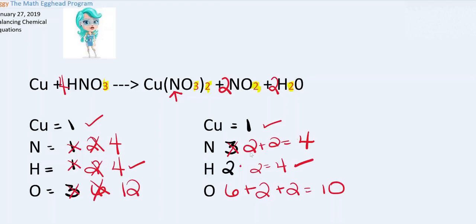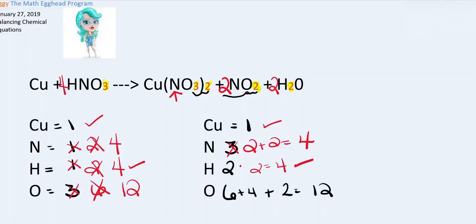And then I have 4 oxygens. So instead of me crossing everything out, let's count the oxygens again. I have 6 oxygens from here. I have 4 from here. And then I have 2 from here, which is 12.